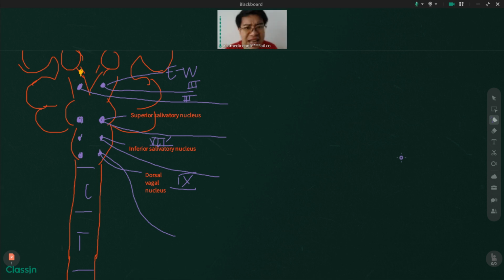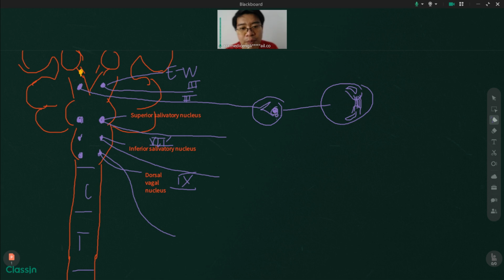Yes, just like that. You will see that here, from the third cranial nerve, there will be a ganglion very close to the eyes. Let's imagine this is the eyes right here, and in the internal structure of the eyes, we will have sphincter pupillae as well as ciliaris muscles right here.